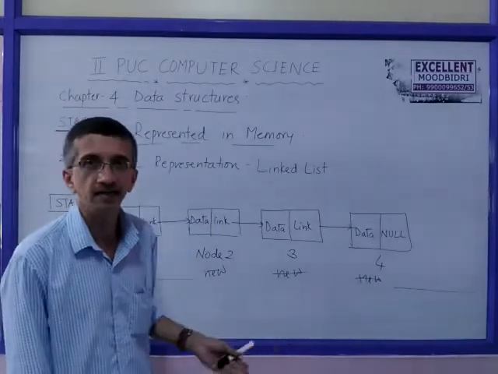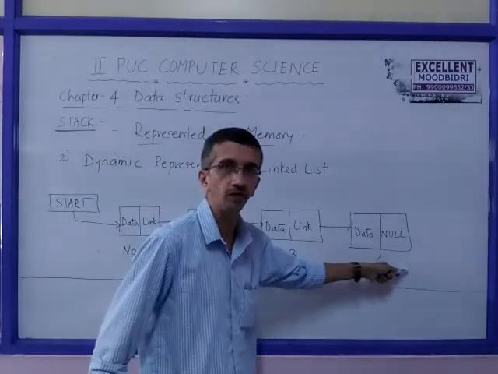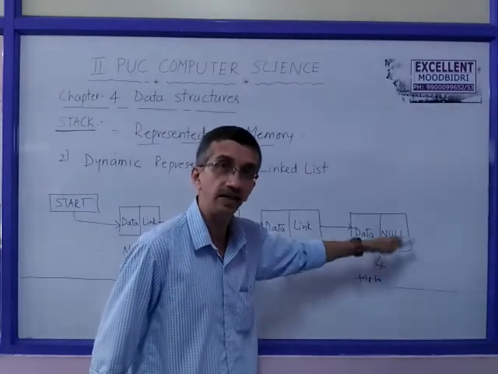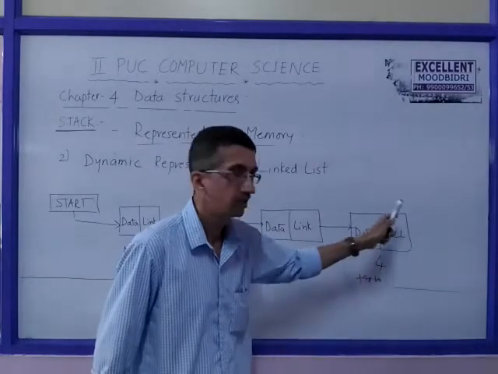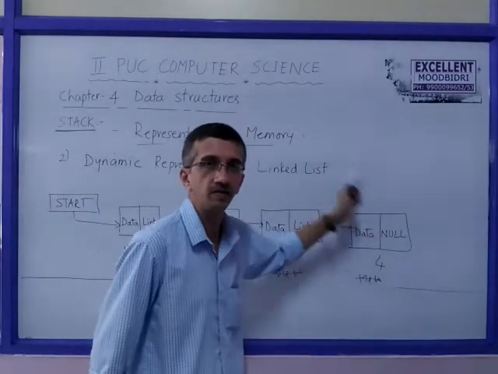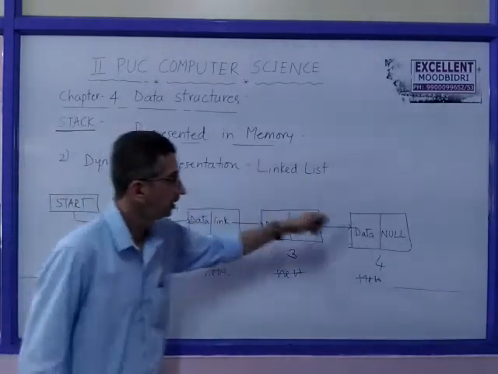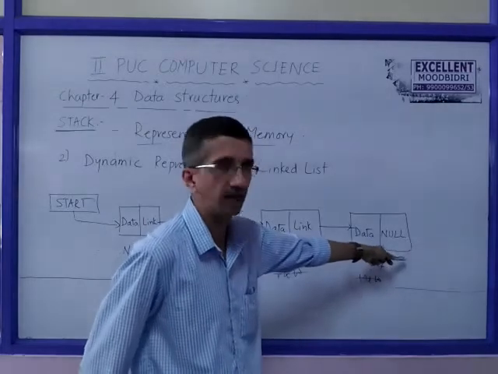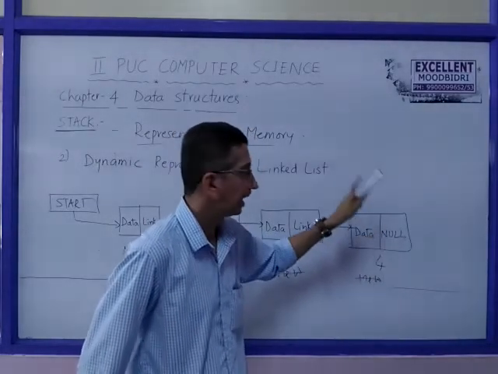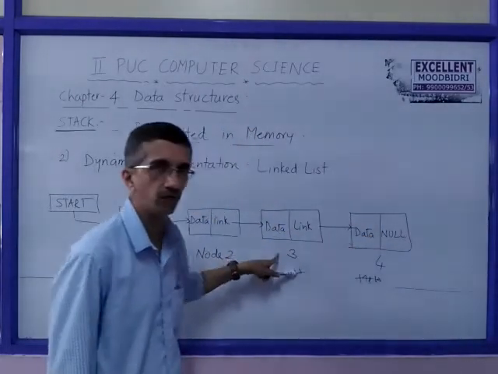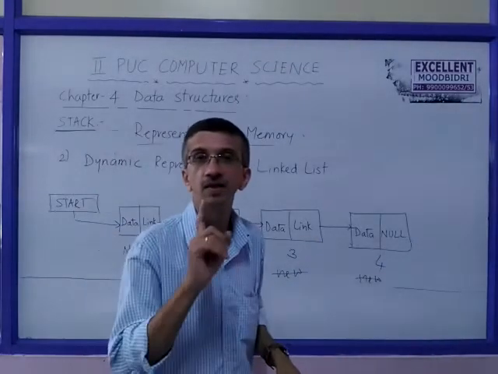Similarly, while deleting, remove the items from the top only, from the last. So this is the tail, or the end, of the linked list. This is the beginning of the linked list, or the head, the starting point. Now when you delete the items from this side, one by one, after deleting this one only you can delete this one, because you have to delete from the top end only.